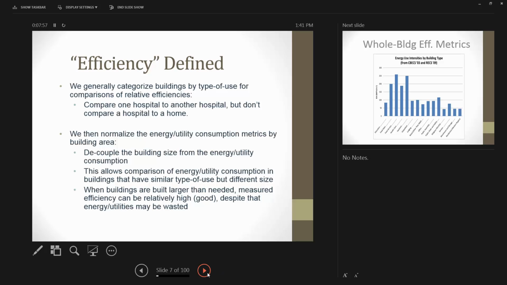So when we talk about energy use intensity, we're always trying to compare like buildings.